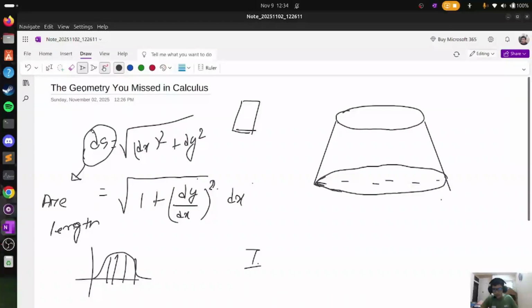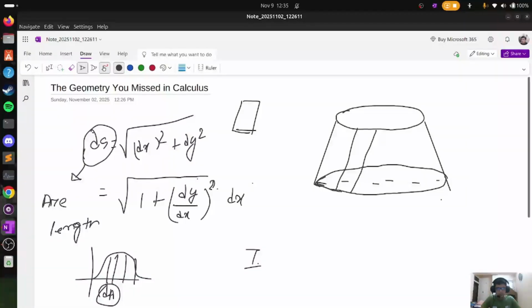These are small arcs. This rectangle has a small area of dA. So for the same case, we will also do that here. For example, I want to figure out this shape's area.